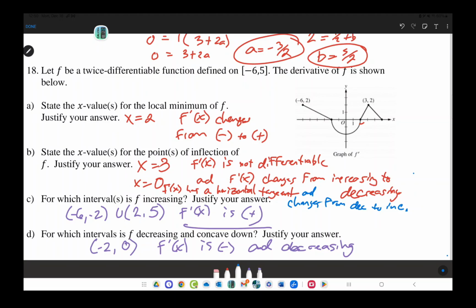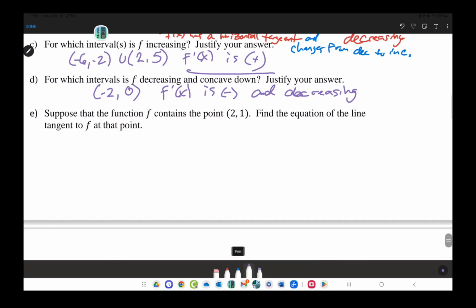That's a local, in this case, a local minimum. So it means that the slope is what? Slope is 0. So y equals mx plus b, y equals 1. There's your equation.